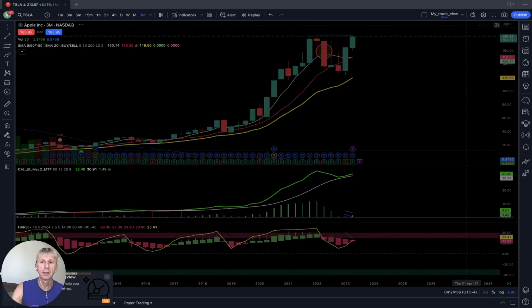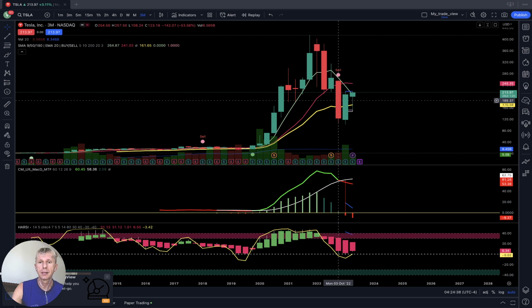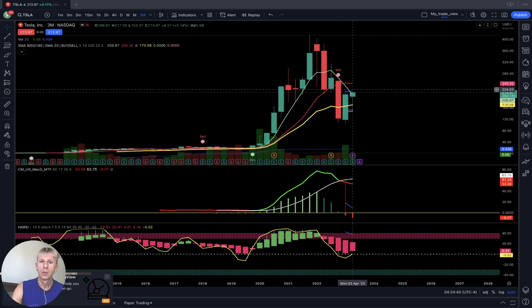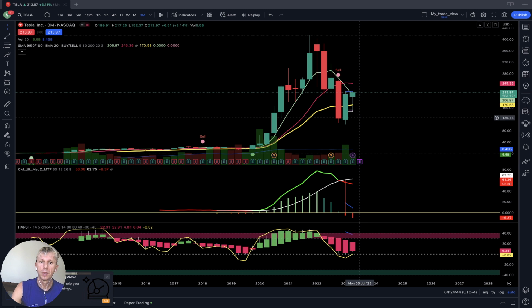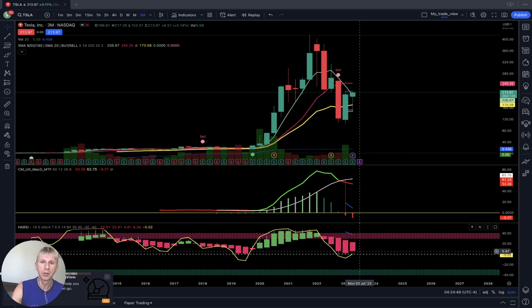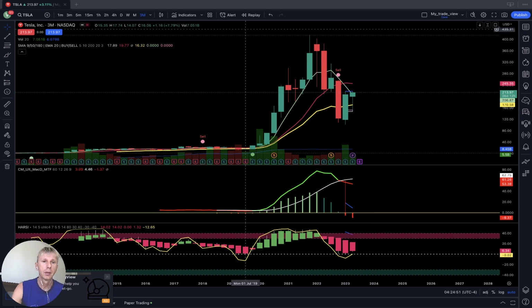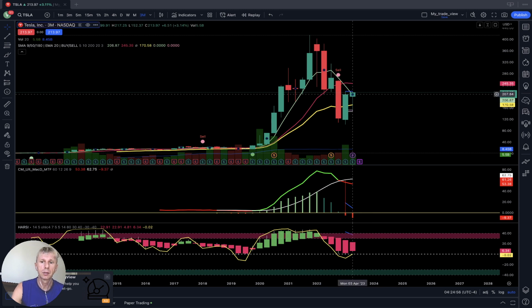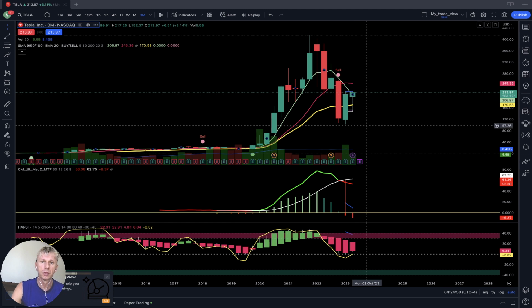Let's move to Tesla. Tesla quarterly sell signal still below 5 and 10, still kind of bearish. MACD bearish, RSI bearish, all indicators bearish on quarterly time frame. But this bar is this quarter, right? So far the bar is bullish.